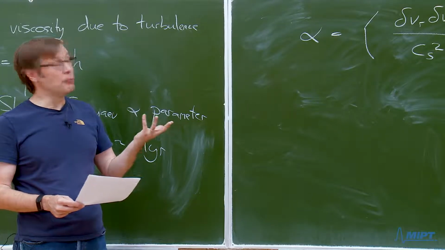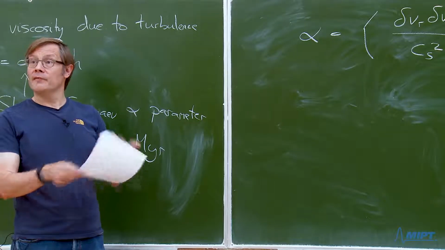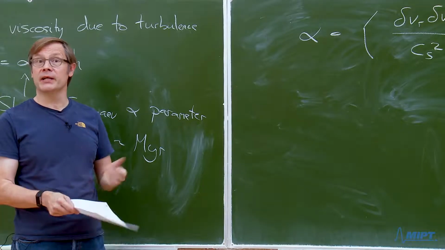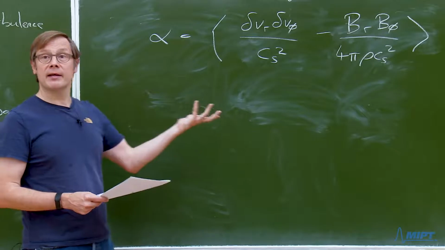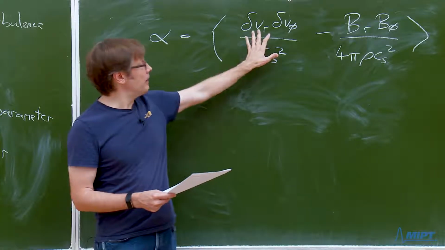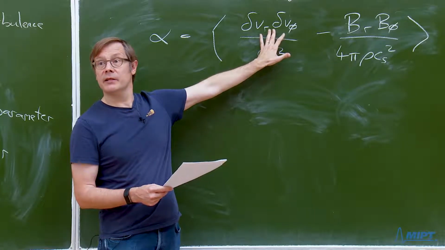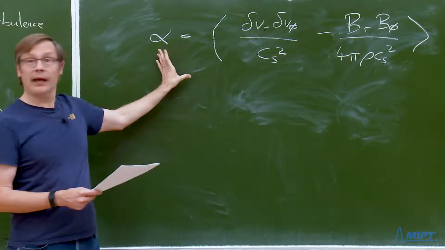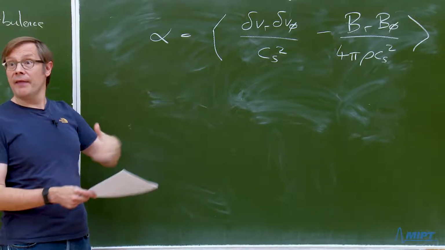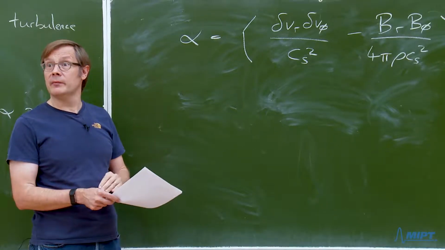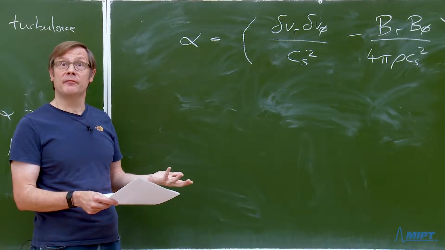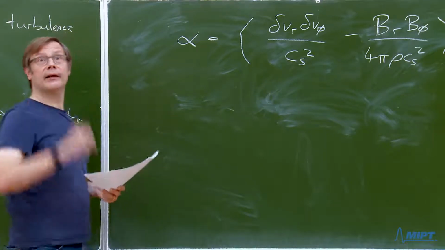So from, if you like, a practical point of view, if we have some hypothesis for what is causing turbulence within a particular disk flow, and we run a simulation of that, we can measure these fluctuating fields. We can calculate the effective alpha and then get an idea of whether that process is really going to transport angular momentum at a rate which would be competitive for explaining what's going on in a disk.